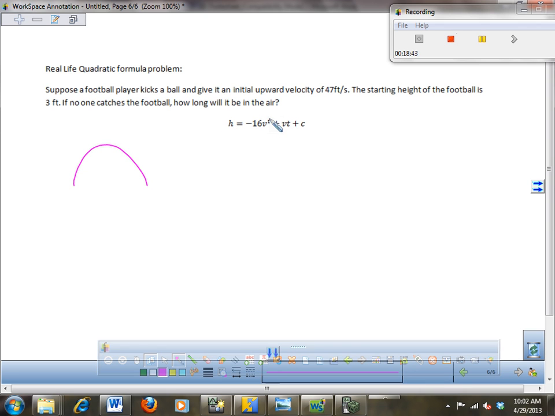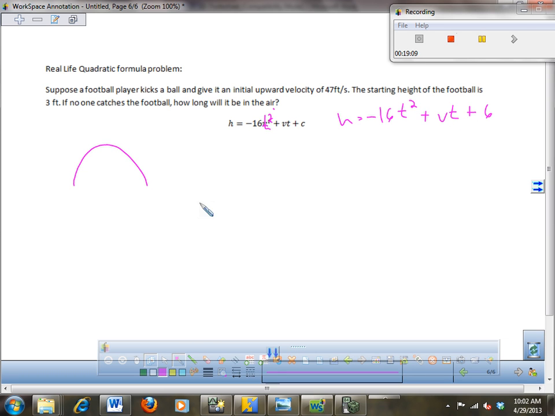So notice, whoops, that should say 16 t squared, not b squared. I messed this up. h equals negative 16 t squared plus bt plus 6. I have to fix that.